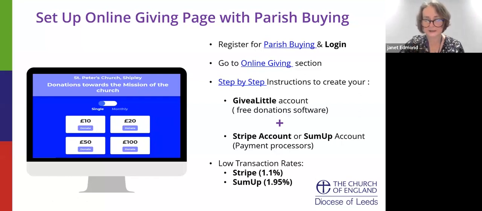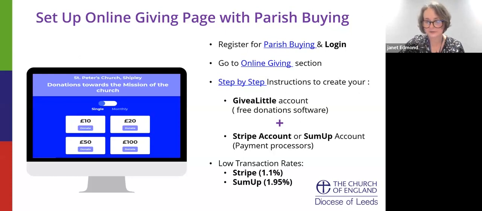So you're not paying anything for the donation, but a transaction fee will be taken from that donation before they then put the money into your church's bank account. Okay, so you need to have the Stripe account or the SumUp account to handle the donations, to put the money into your bank account and to take the transaction fee from your donations.